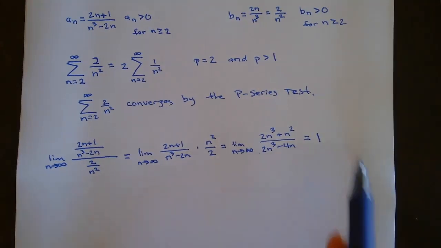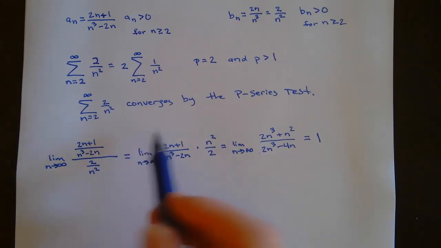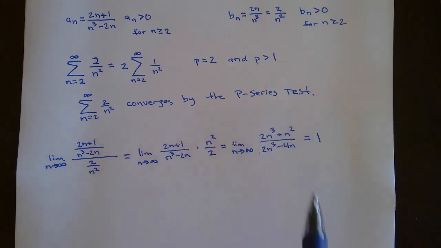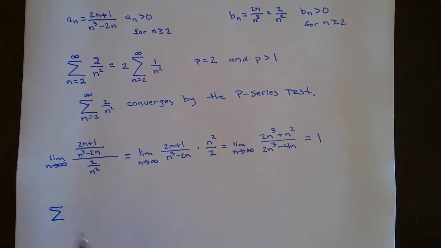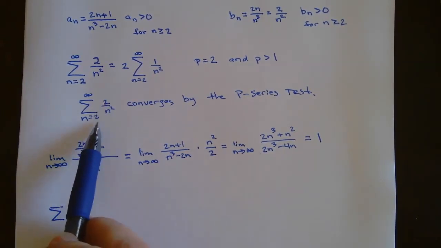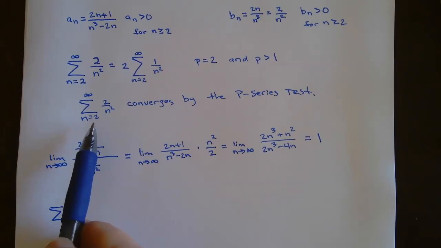What does that tell us? That tells us that a sub n and b sub n behave the same way, so they either both converge or they both diverge. Well, what do we know about b sub n? It converges by the p-series test. Therefore, we now know that the series we were comparing it to must also converge. So we'd say, I know this one was n equals 2, but actually this one will converge for n equals 1 also.